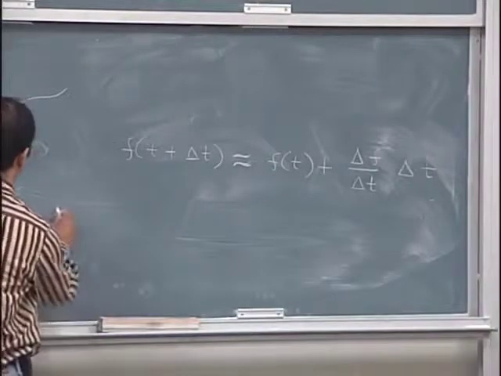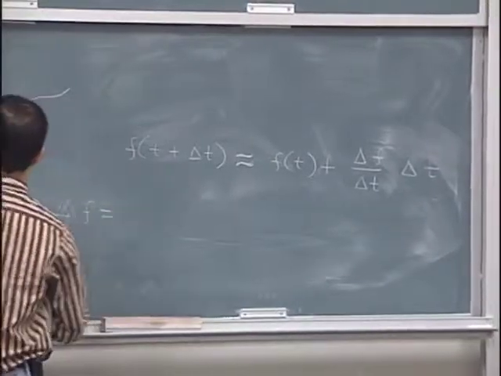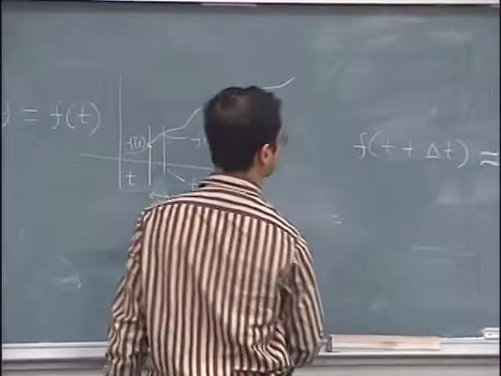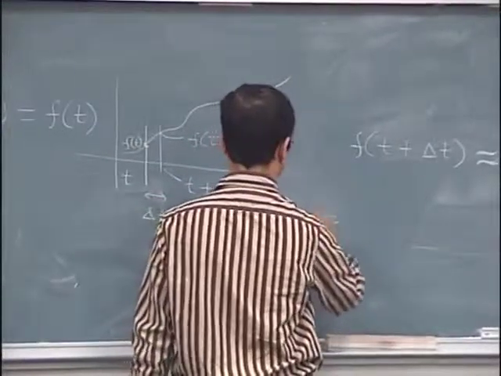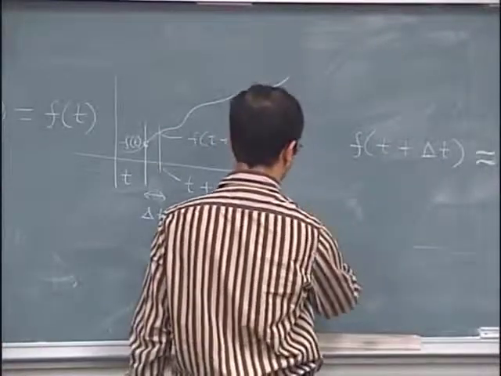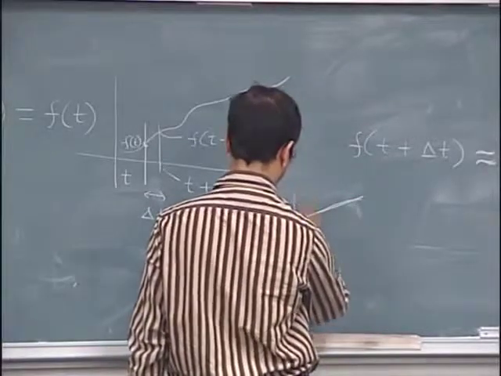Okay. And delta f, so if I zoom this area, so the idea is you can approximate any curve by a straight line if they are sufficiently close.